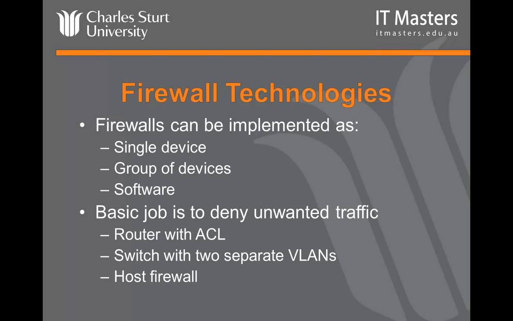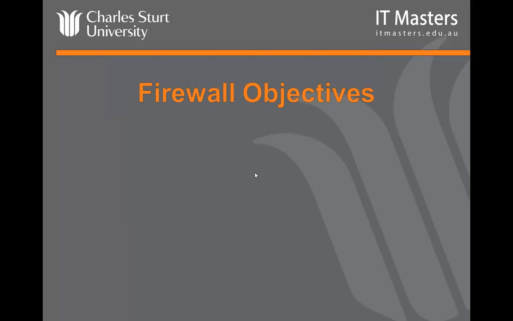So that in itself is a rudimentary firewall, because the definition is to deny unwanted traffic. It prevents unwanted traffic traversing between the VLANs. It's performing some sort of a firewall function. And then lastly, another example is a host firewall. So Windows firewalling or some other type of firewalling that's actually on your software device.